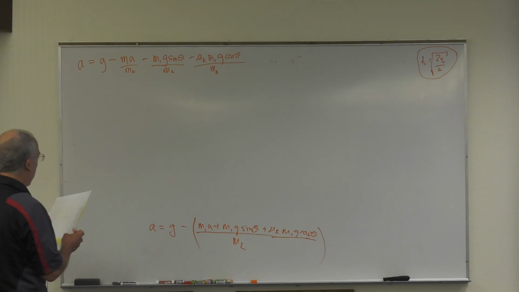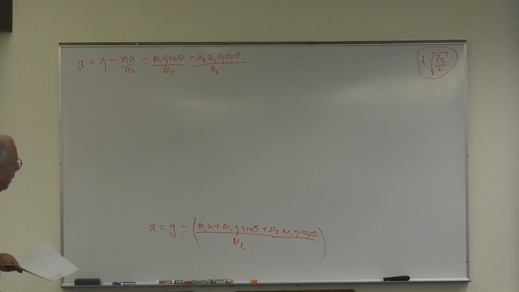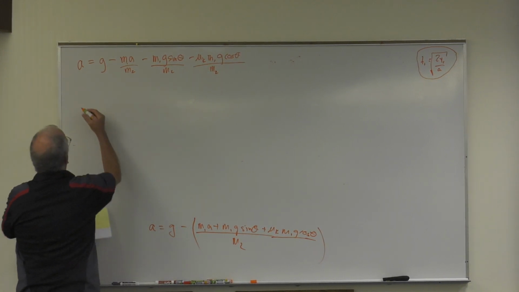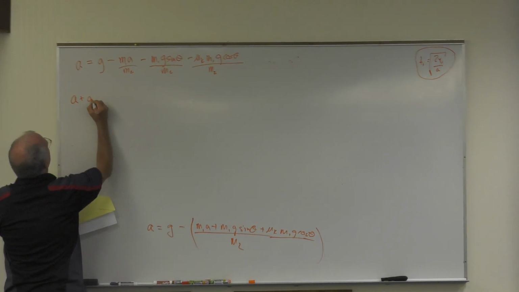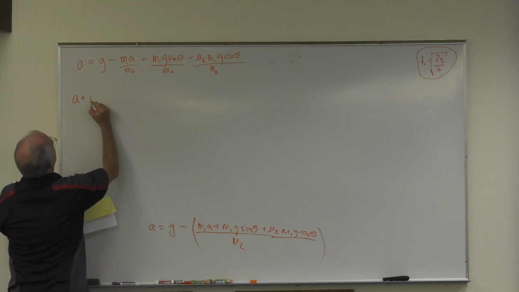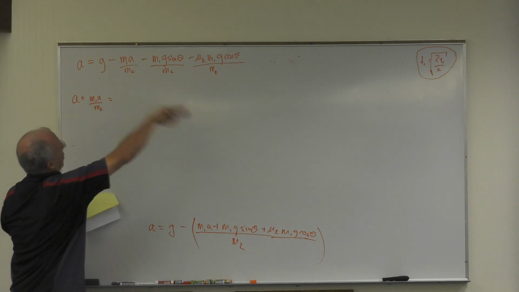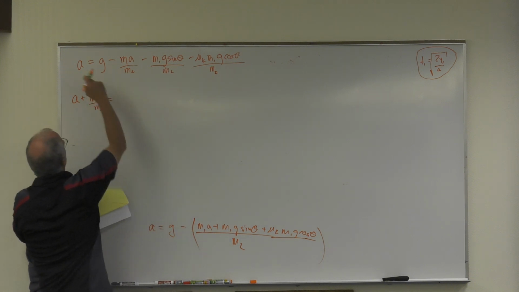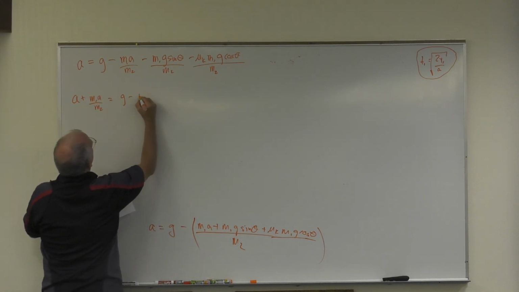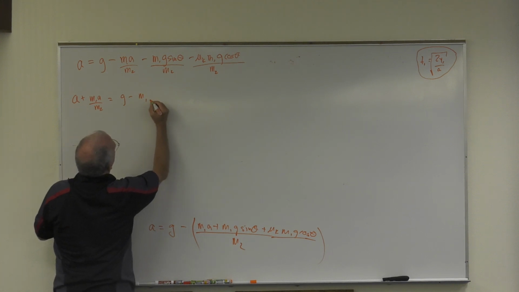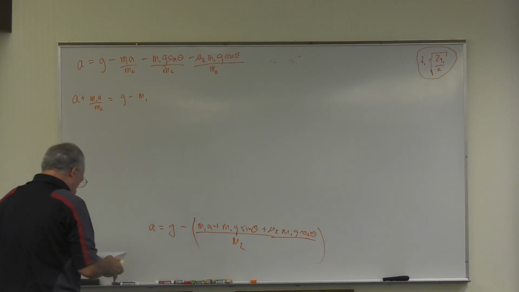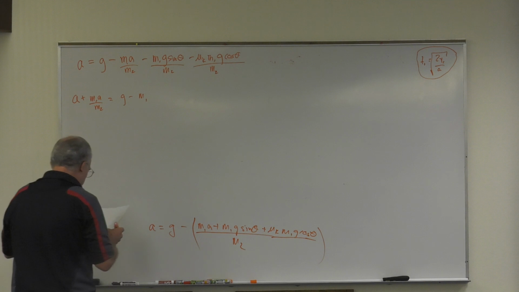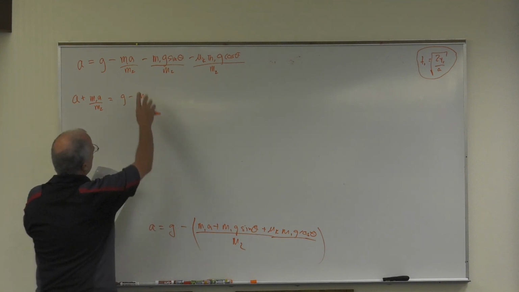Okay, so what we want to do is solve for A. So we're going to get this guy on the other side. So I'll have A plus M1A over M2 equals all that junk. I just put this on the left. Let's do some factoring.